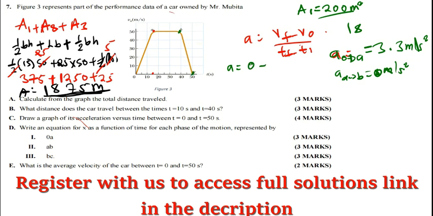The initial started from 50. I divide by time. So time from this point all the way to 50 is just 50 minus 40, which is 10. So it's going to be 5. So acceleration from B all the way to C is negative 5 meters per second squared.